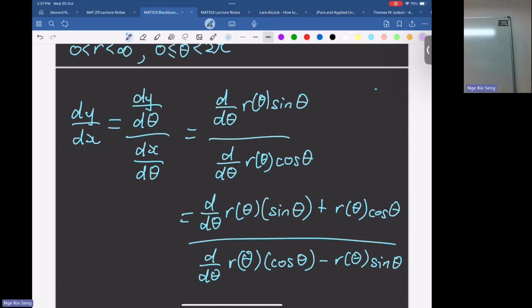So for the area of a polar curve, how should you imagine it? You should imagine how you partition your cake or pizza. Has anyone cut pizza into squares? If you're not good at cutting, you cut squares.